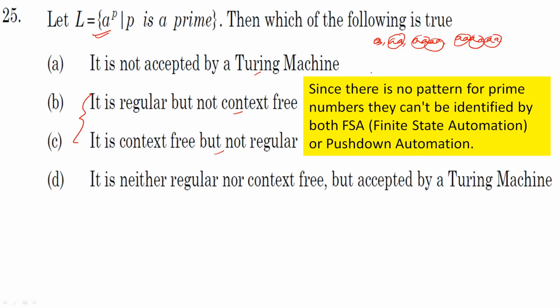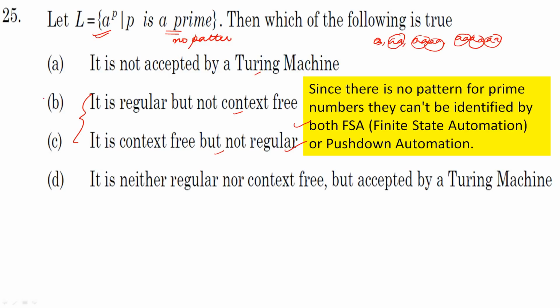So whenever we can identify some pattern, then we can say that our language is regular or context free. For both, for being regular or for being context free, there must be some pattern. But in the case of prime numbers, we have no pattern.